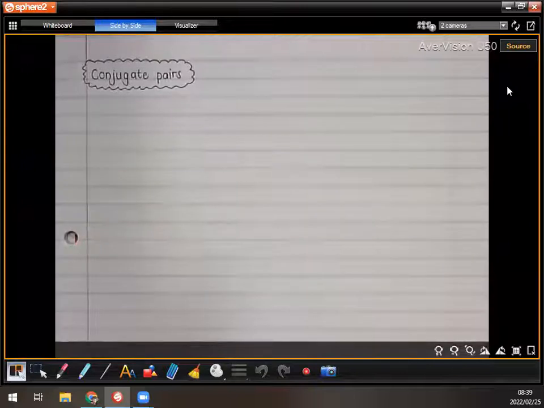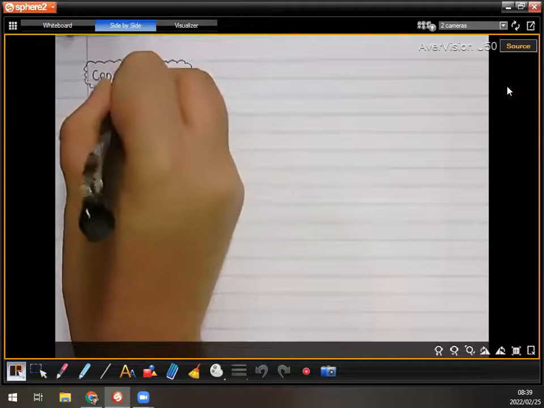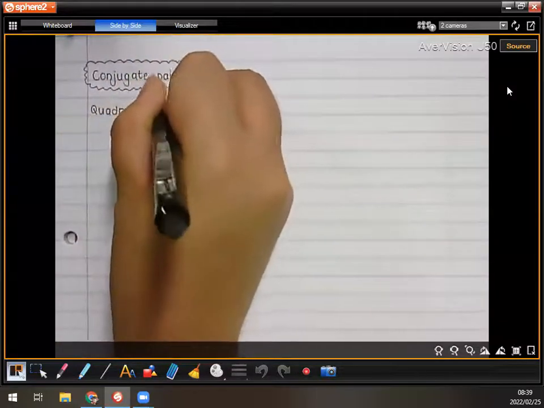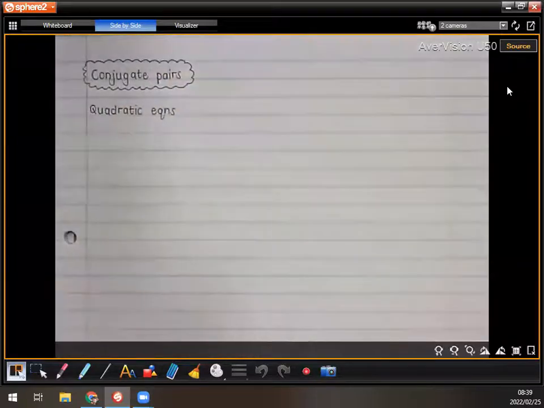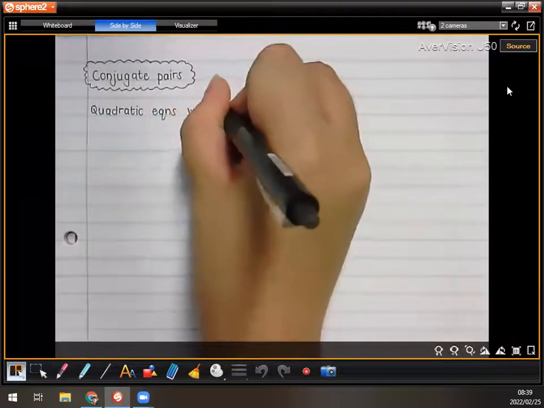So on the concept, I'm going to explain quadratic equations. I'm just going to write EQNS for equations. Right, it's been a long week. We don't have time to write the whole word out. Quadratic equations with complex roots, oh my gosh, I can't even speak.